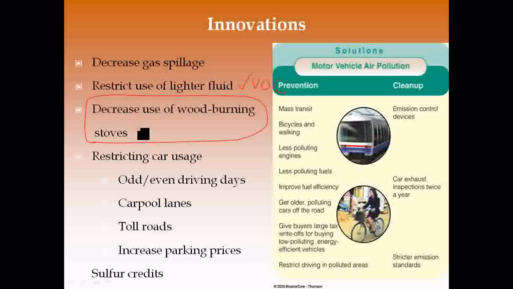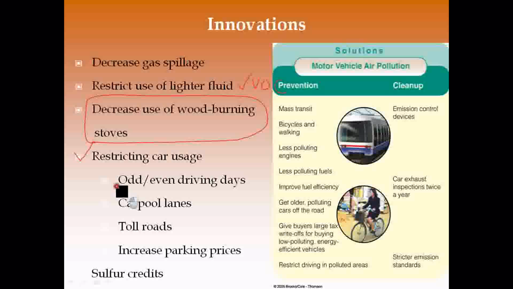So those are some things that everybody can do at home. And of course, one other thing you can do at home is you can drive less. All of these different techniques are interesting ways that we can decrease emissions from the tailpipe.